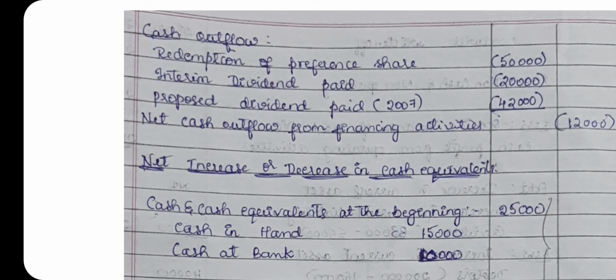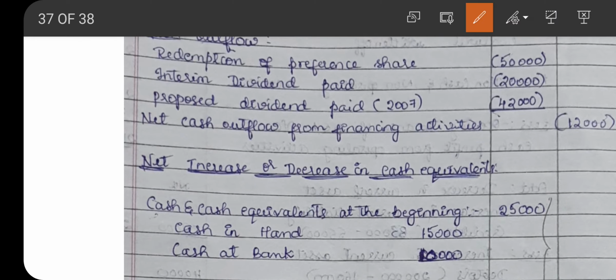Under cash outflow, we need to write redemption of preference share 50,000, interim dividend paid 20,000, proposed dividend paid 42,000.